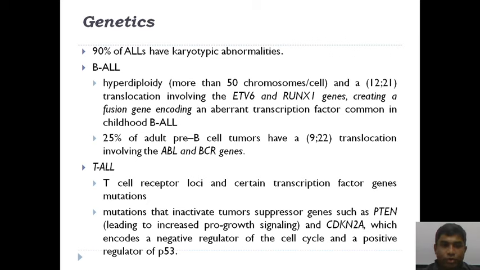So you all must be aware that in chronic myeloid leukemia, translocation 9;22 is the most pathogenic chromosomal abnormality. A similar but slightly different abnormality is also seen in adult pre-B ALLs. So what about T-ALLs?